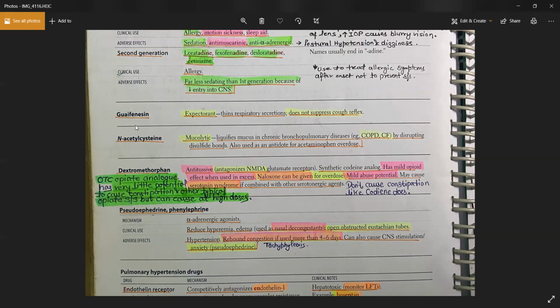Now, similar in name to guaifenesin, you have one more drug that might get you confused, the alpha agonist, not a blocker.